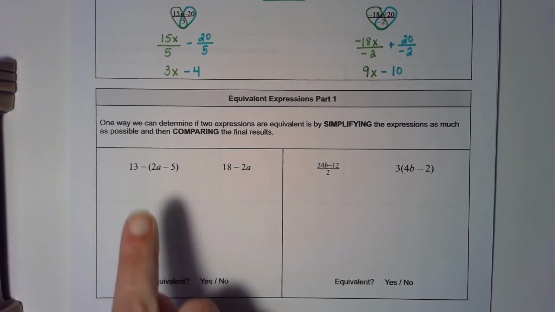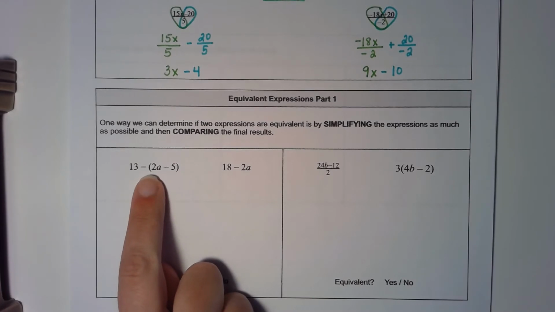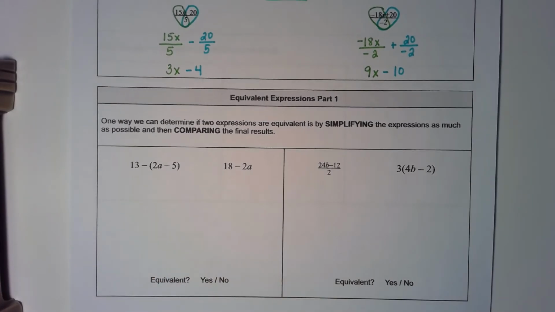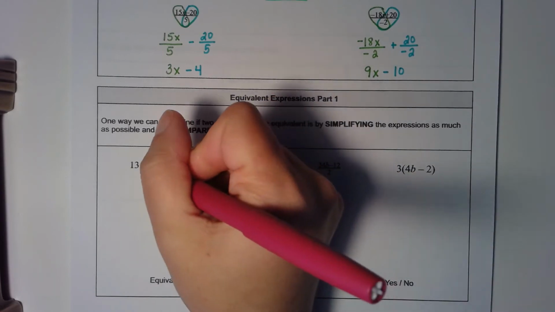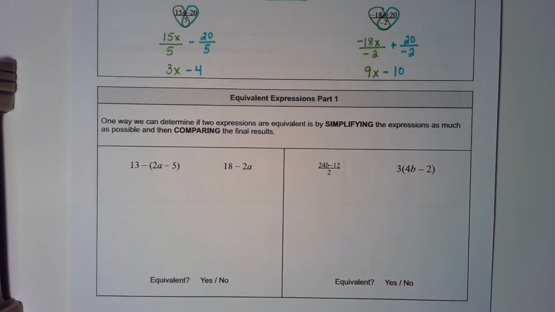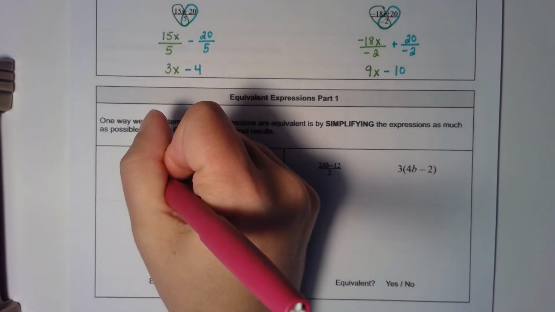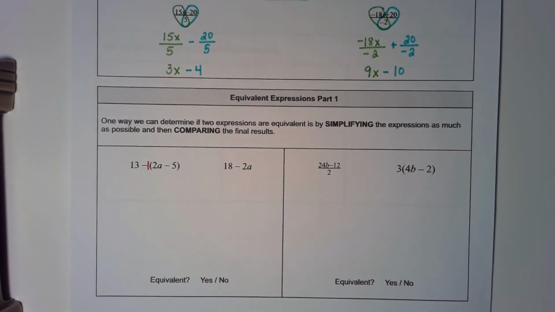Now, in this problem, let's start with this first expression. What I'm noticing is that there is a parentheses here, and there's a minus right outside the parentheses. However, there is no number there. So what I like to do is draw in the number 1. One of the things that I know is that when there's no number by a minus, there's actually an invisible -1.